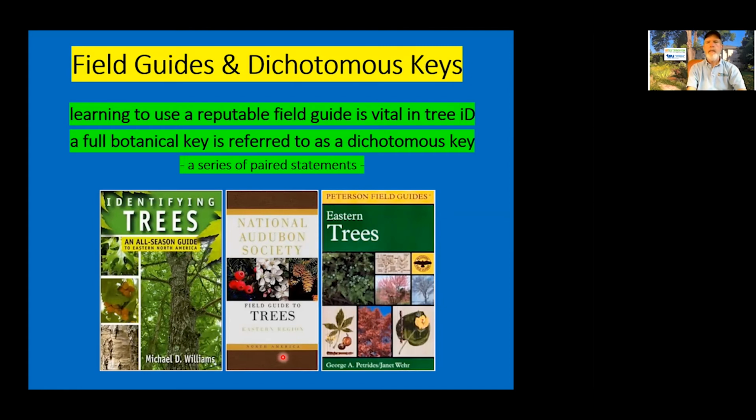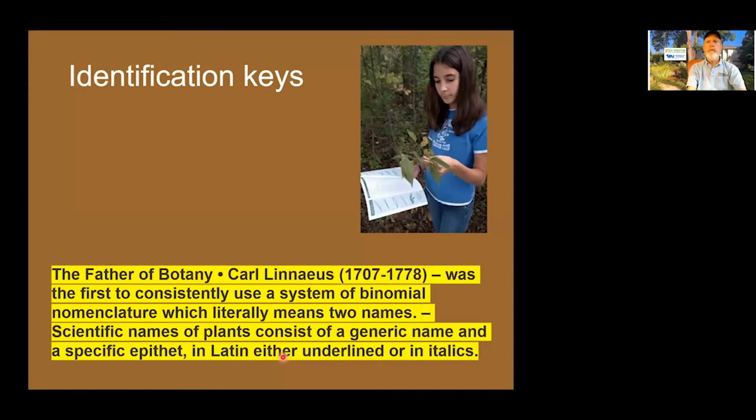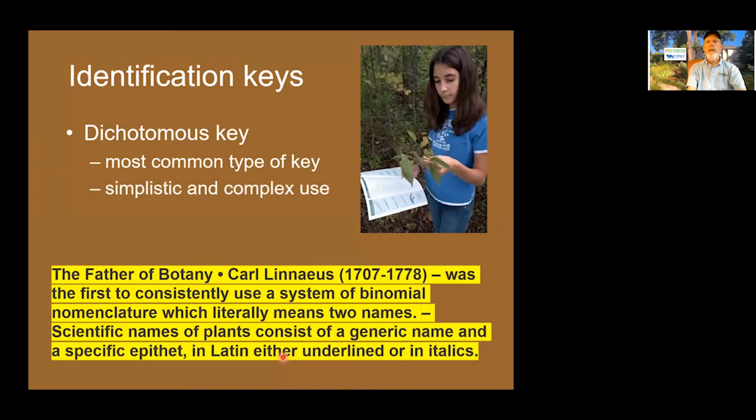Some books have keys, and dichotomous means two, and two means that you're going to make a decision. They're simplistic, let's say, though not necessarily simple to use. You make one decision at a time, and we'll talk about decision making. One may say it's a tall tree or a short tree.